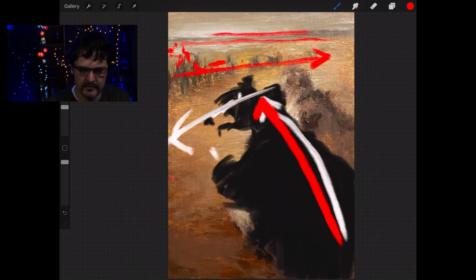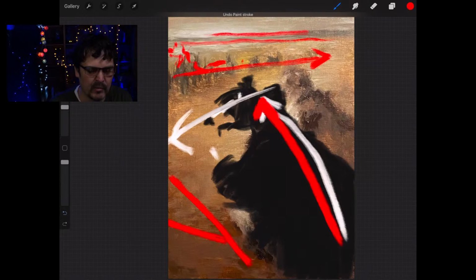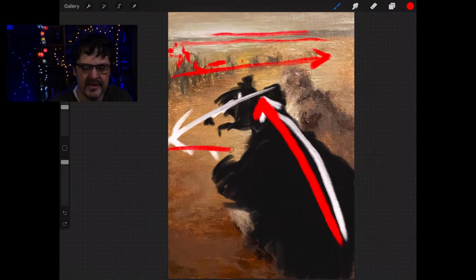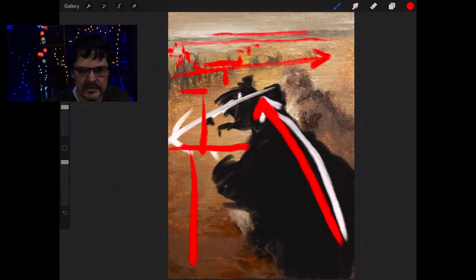So foreground would be boom, and then we're going to go less and less and less. Okay, so that's a principle, just like big to smaller piece to smaller piece to smaller piece says distance. Those angles say the same thing, right?